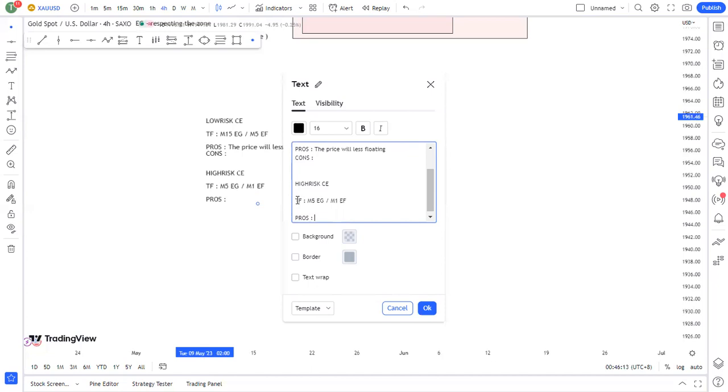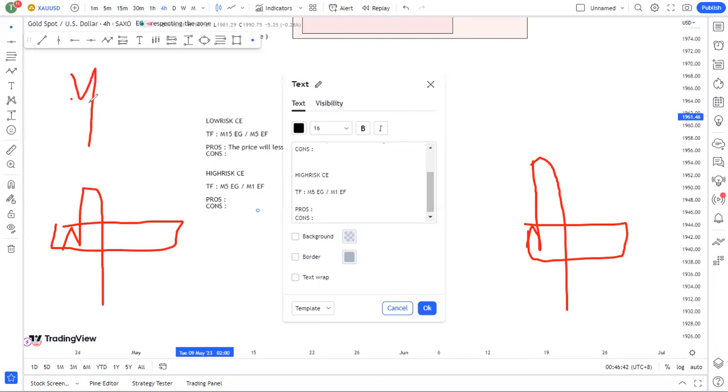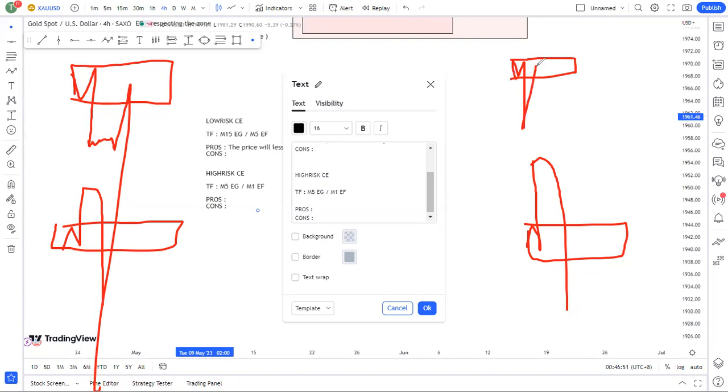So we get quite a lot of entries, but the con is that with most high risk confirmation entries the zone can be broken. For example, you have an M5ED, and it can be broken like this. Maybe you have an M1EF, and the price can break it like this. But for the low risk, like M15ED or M5EF, most of the time the price will go up and then just go down. Understand it? Yeah, I understand.